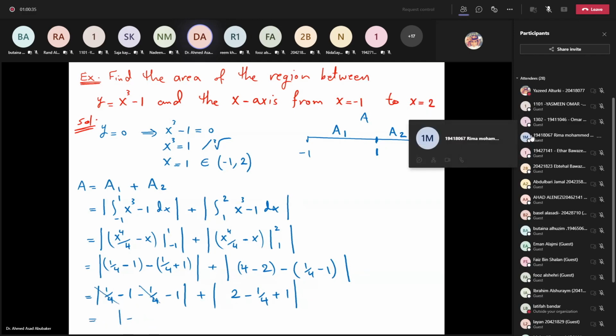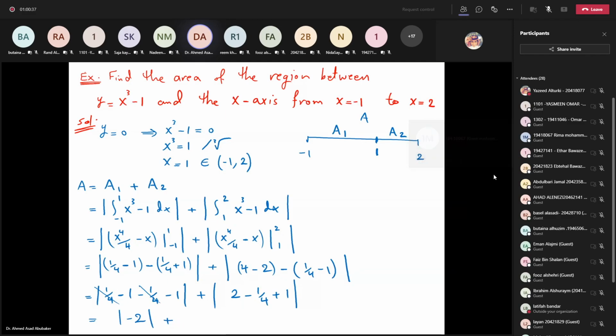We have the absolute value of negative 2. The second, we have 3 minus 1 over 4, so this is 12 over 4 minus 1 over 4, which is 11 over 4.